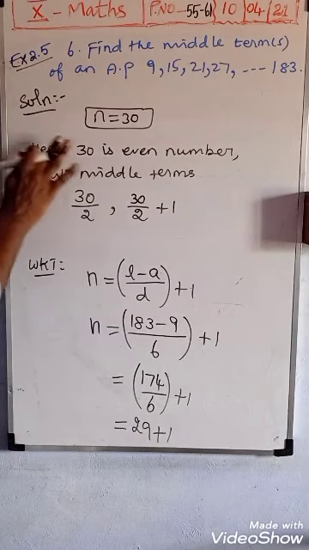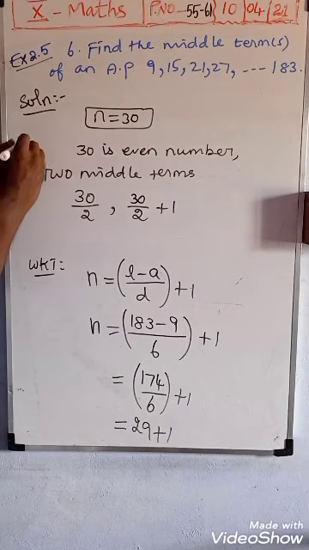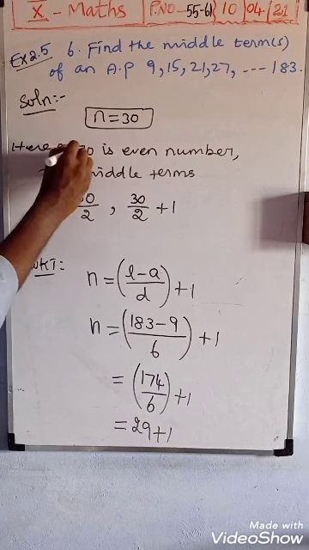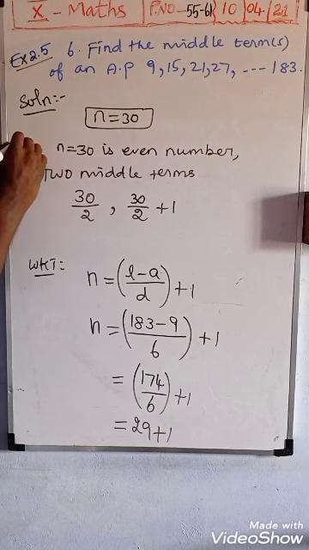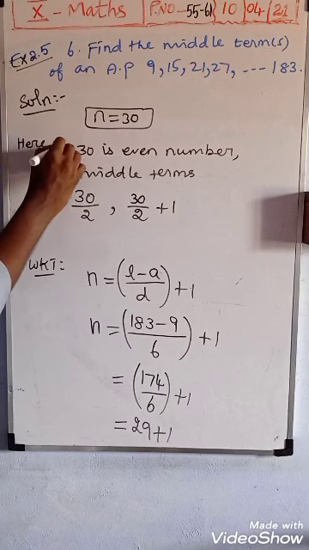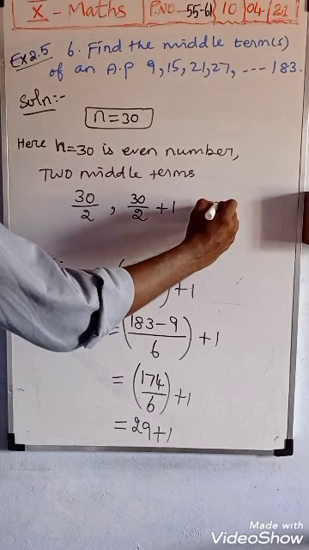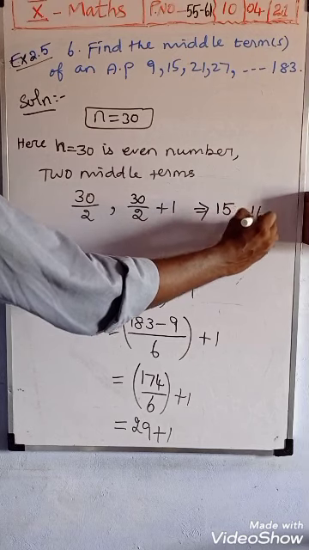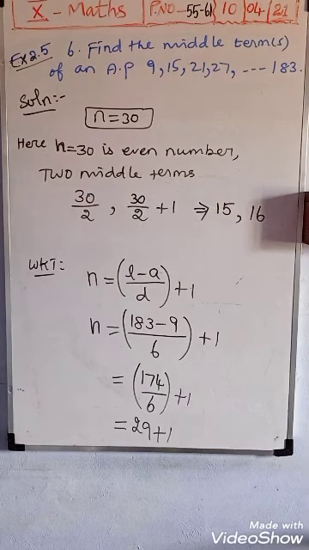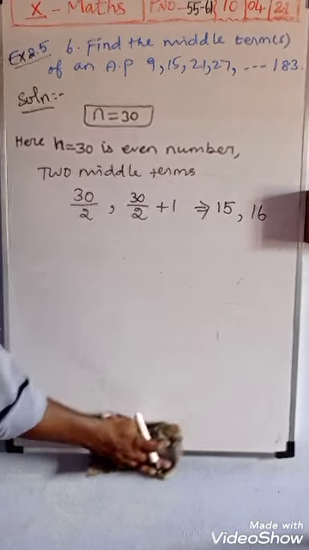Here N is equal to 30, this implies 30 by 2 is 15 and 15 plus 1 is 16. So therefore there are two middle terms.